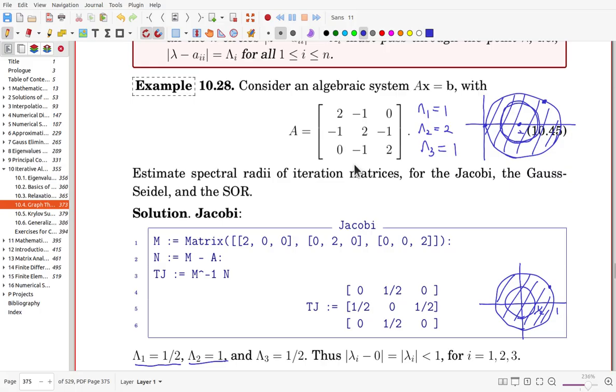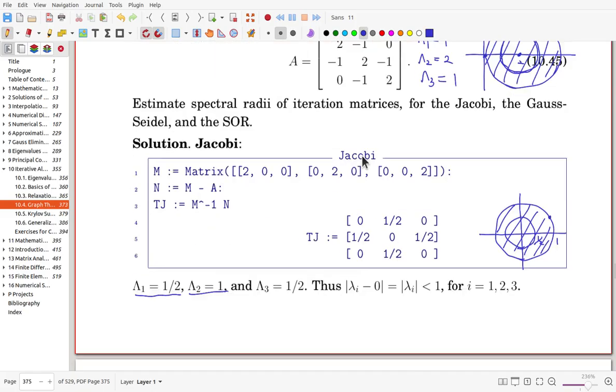So once we try to say this is irreducibly diagonally dominant, then at least one row, the inequality must be strict. But here we have a strict inequality. This 2 is strictly larger than 1. Also another one here, 2 is strictly larger than 1. Okay? So it is an irreducibly diagonally dominant matrix.